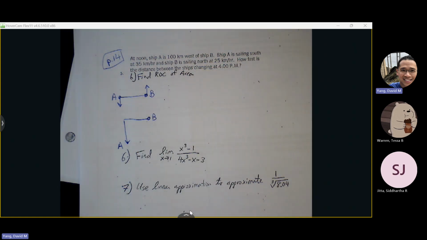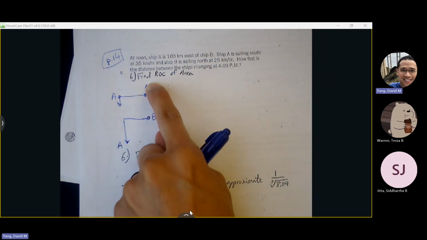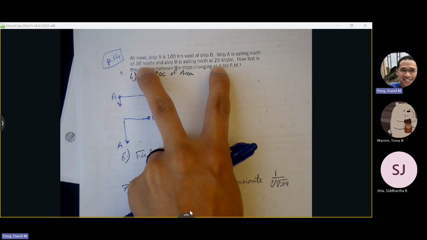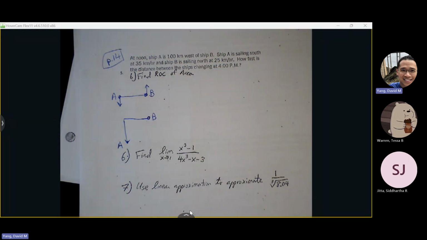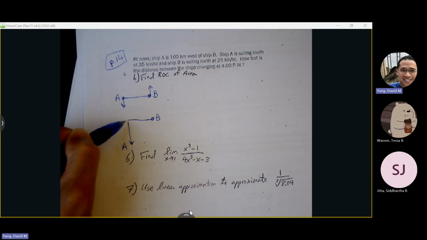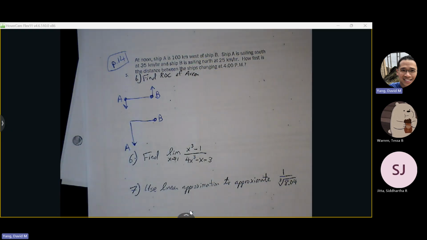Because if one is moving away from the center at 35, and another one is moving away from the center at 25, an hour later they're going to be 60. So after each hour, they're going to keep getting 60 kilometers away from each other. It's as if one is moving at 60 kilometers per hour, and in each hour that passes, vertically they're separated by another 60 kilometers.